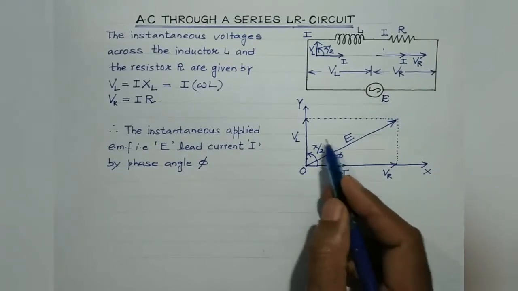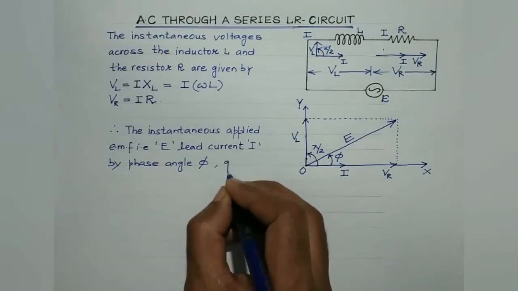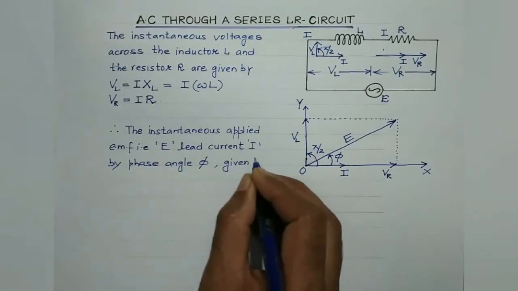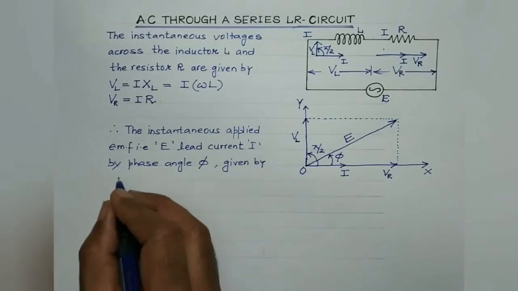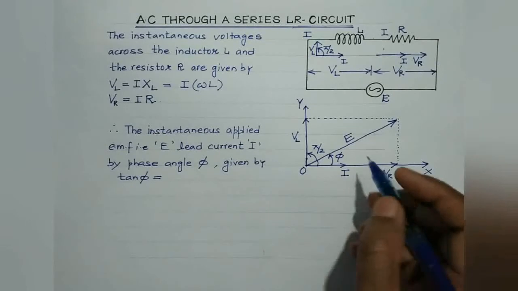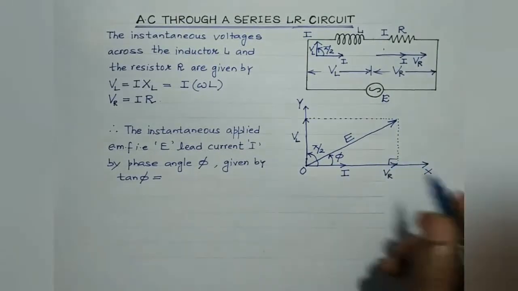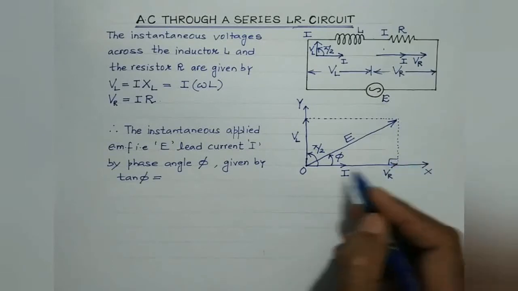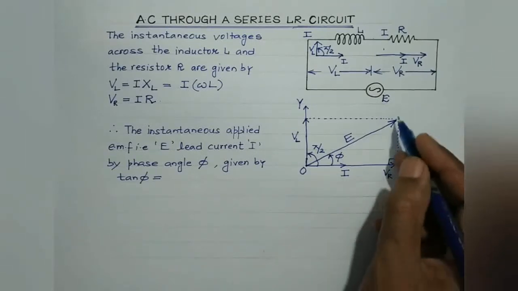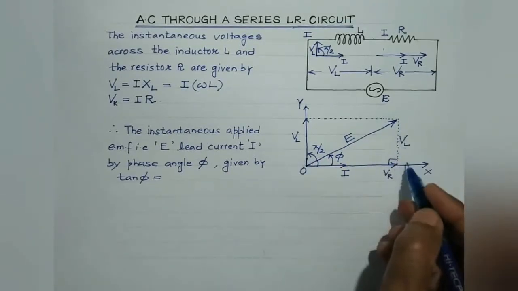I've told you the anti-clockwise direction is to be taken as positive, given by tan phi is equal to, now consider this right angle triangle, right? This is a right angle triangle. So tan phi would be equal to perpendicular by base. This is perpendicular, which in the parallelogram, the opposite sides being equal, is VL. Perpendicular by base.